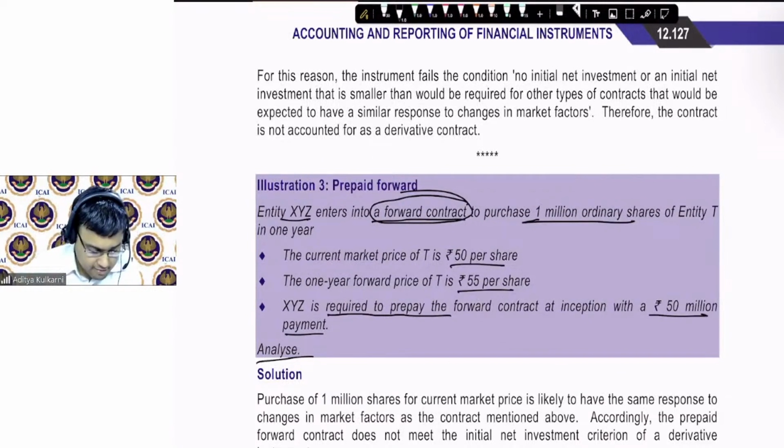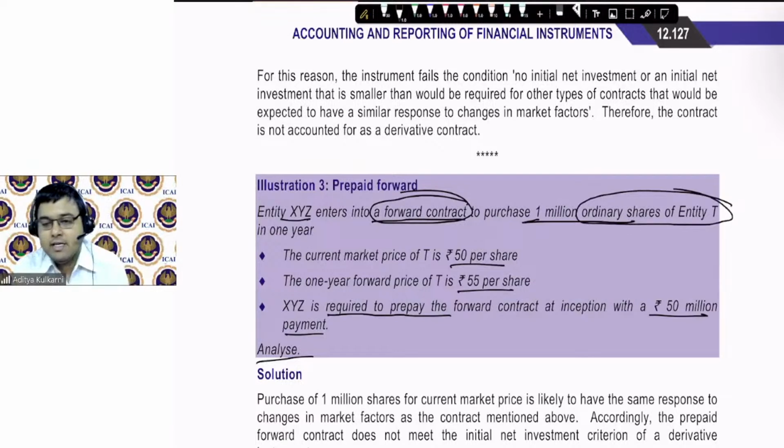To purchase 1 million ordinary shares of entity T. What is the underlying asset? The underlying asset is ordinary shares of entity T. Do I have an underlying? Yes. Is your price going to move as per the underlying? Answer is yes, and that is why the first condition is satisfied.